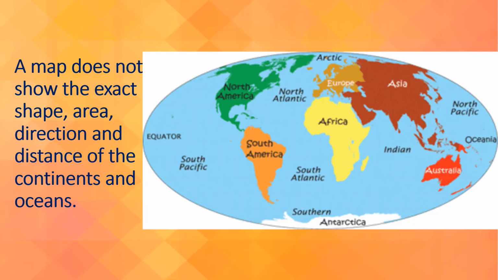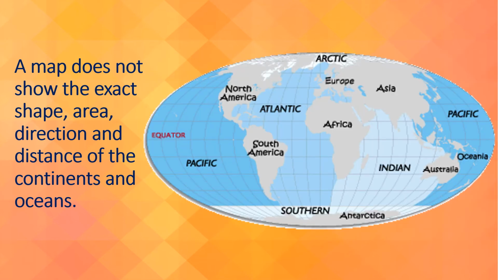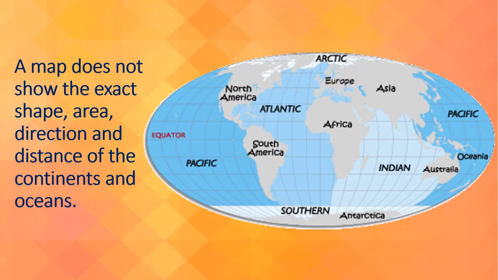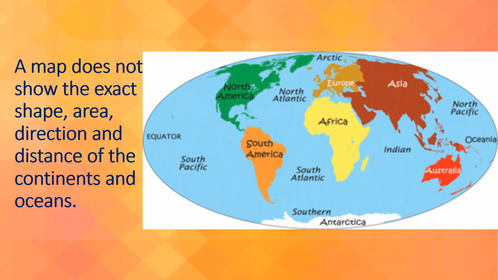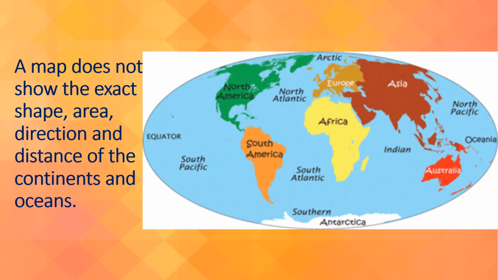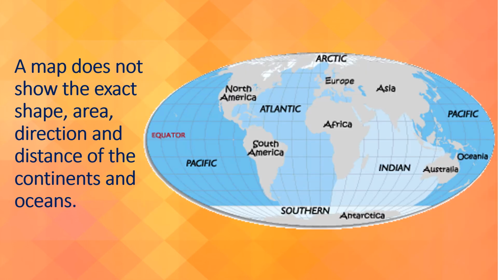A map does not show the exact shape, area, direction, and distance of the continents and oceans. A globe, which is usually a spherical model of the earth, accurately represents the shapes and locations of the continents. But if we cut a globe in half and flatten out each of these halves into a map, the result would be wrinkled and torn, which is distorted.